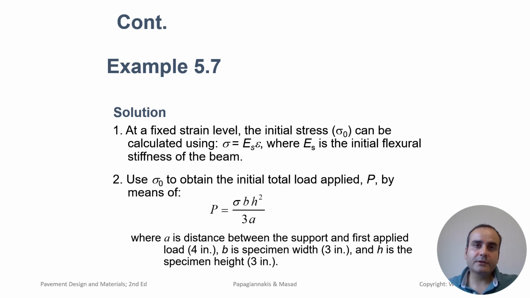Using the equations that we learned in previous slides, we know that at a fixed strain level, the initial stress can be calculated using Hooke's law, where E is the initial flexural stiffness of the beam. We can use sigma sub naught to obtain the initial total load applied by using the equation given in this slide.